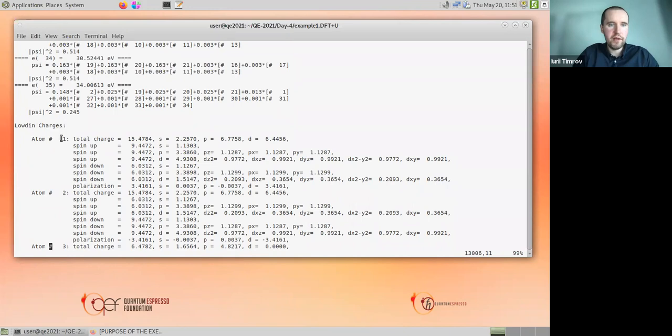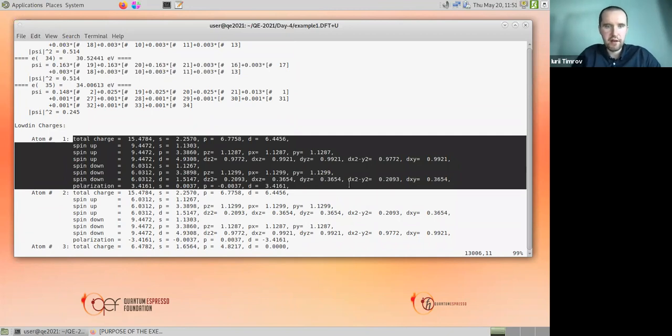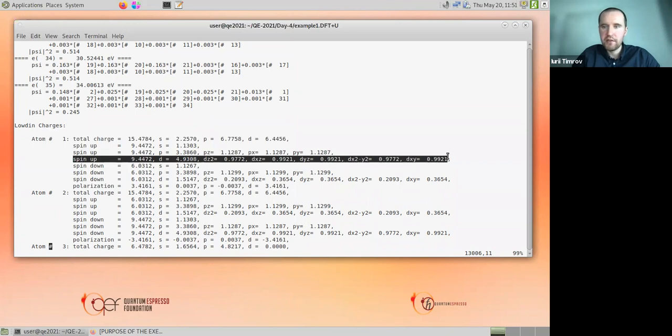So for atom 1, you see lots of interesting information, and what you're asking is essentially there. So for the spin up electrons, you see dz squared, dxz, dyz, etc. So you see those numbers, and you can identify and plot them using the file I showed before.